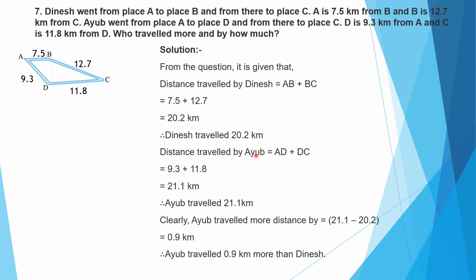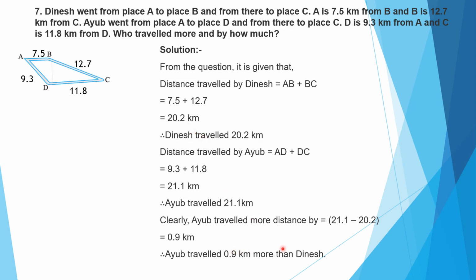So the distance traveled by Ayub is AD plus DC. AD is 9.3 kilometer and DC is 11.8 kilometer. When we add that, we will get 21.1 kilometer. Therefore, the distance traveled by Ayub is 21.1 kilometer. So, who traveled more?